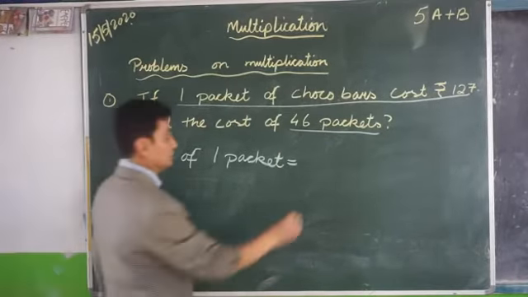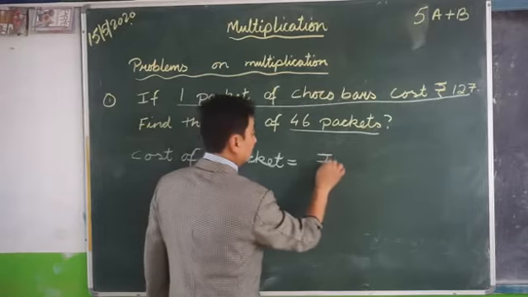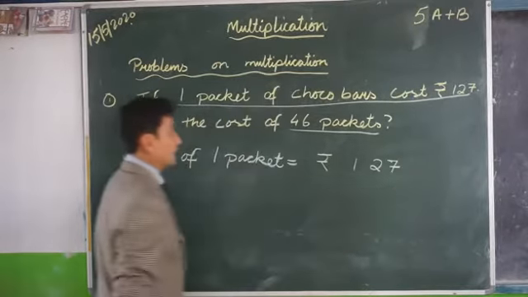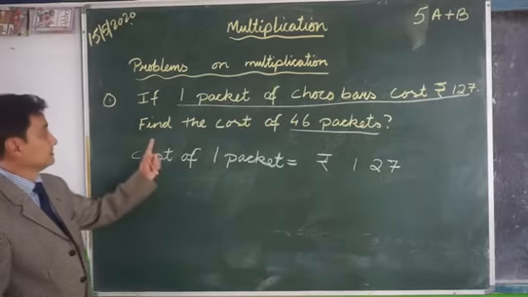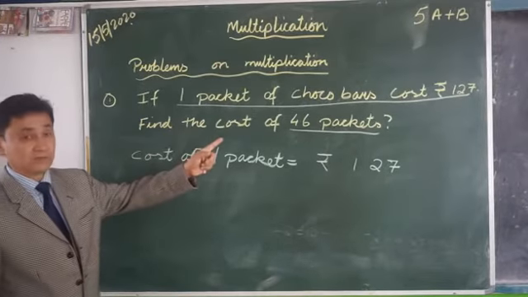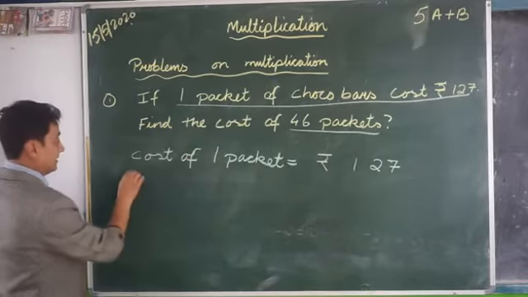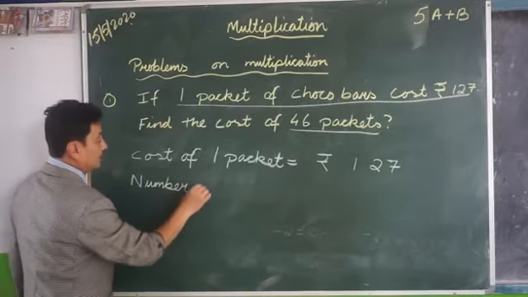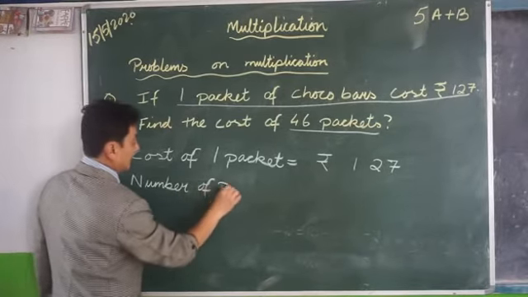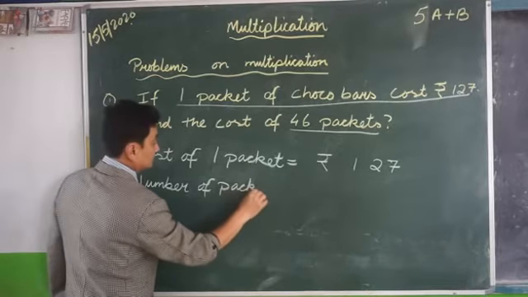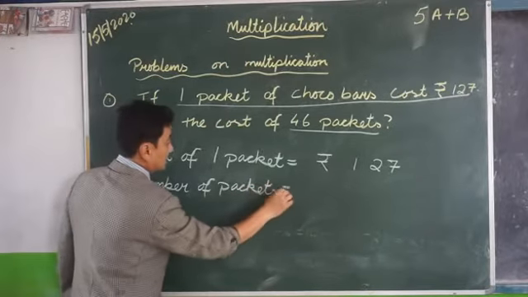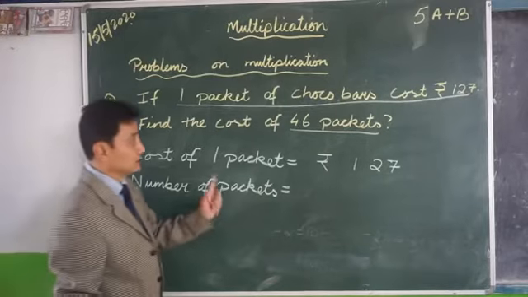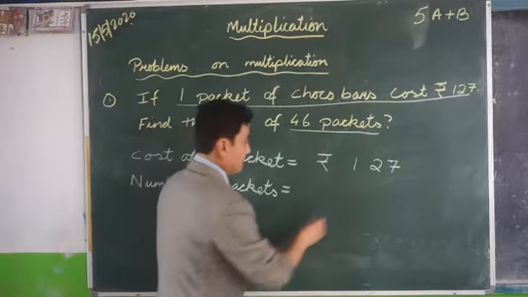How much? Rupees 127. Now we have to find how many packets are there? 46. So we can write number of packets. How much? 46.